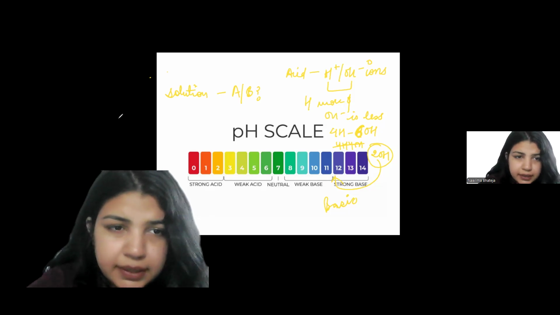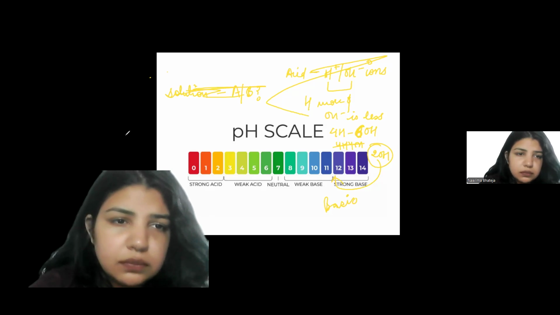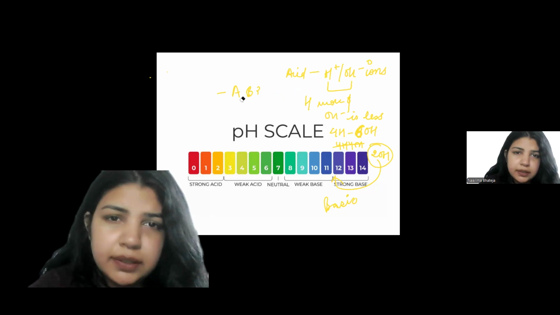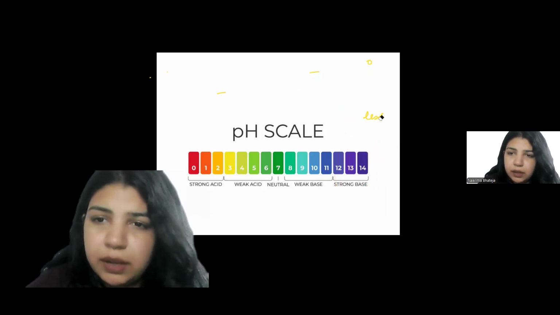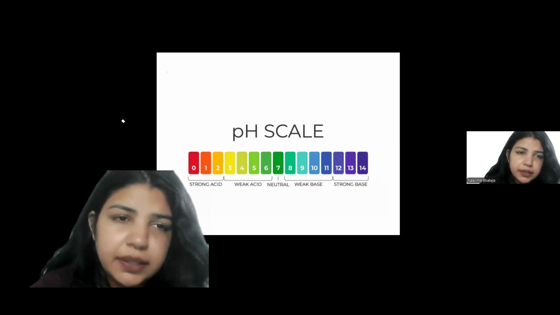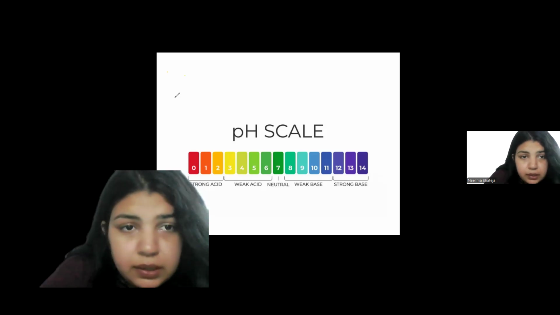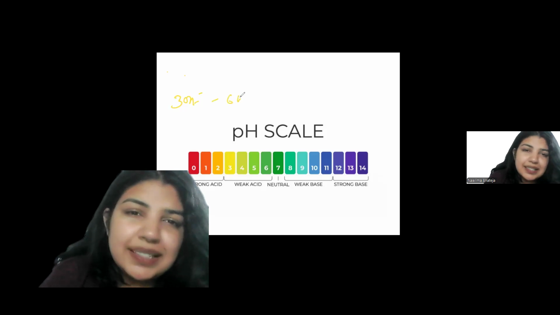Similarly, with acidic content, the more the amount, the more acidic or basic the nature. Like I have three OH groups and six H positive groups.